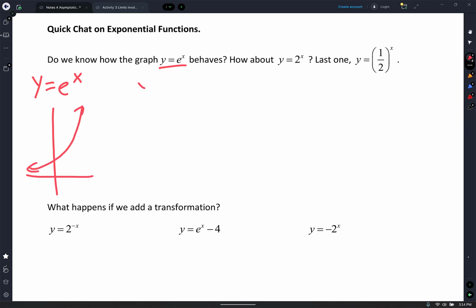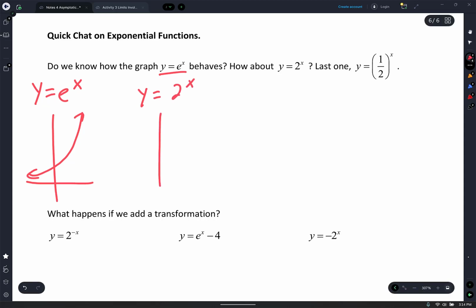What about y equals 2 to the power x? It looks exactly like e to the x. The only difference is that 2 grows a little faster as you go from left to right. I know I didn't make it look exactly the same. It grows a little faster because 2 is a little bit bigger than e.